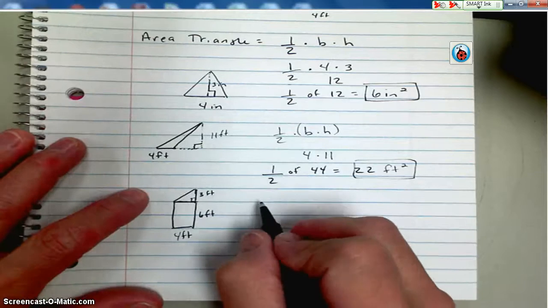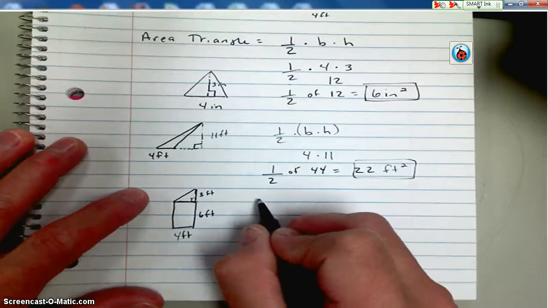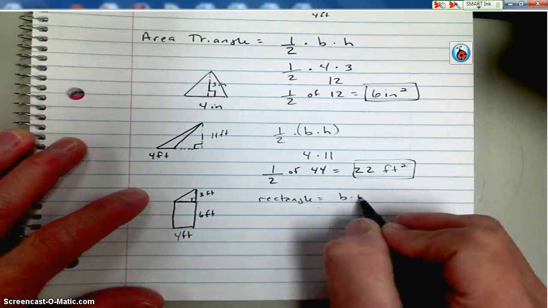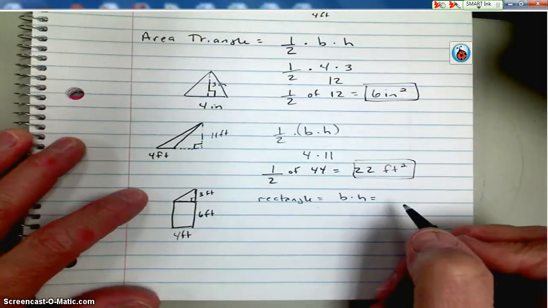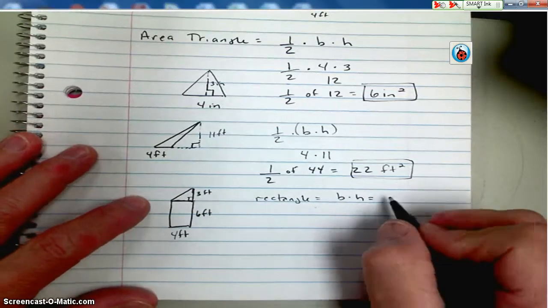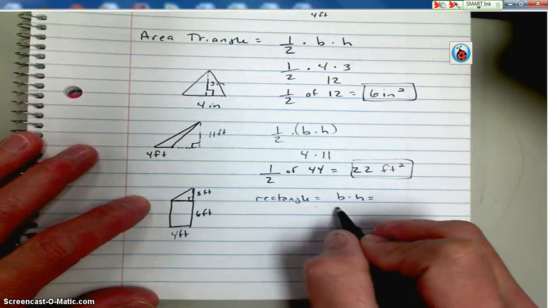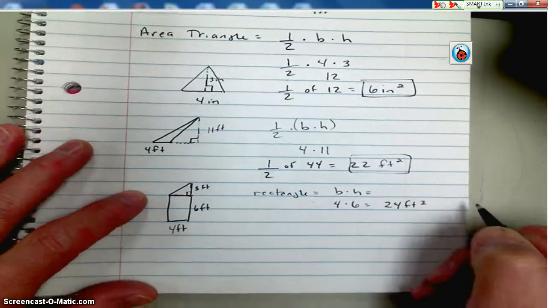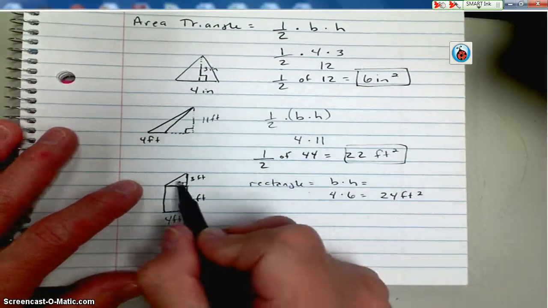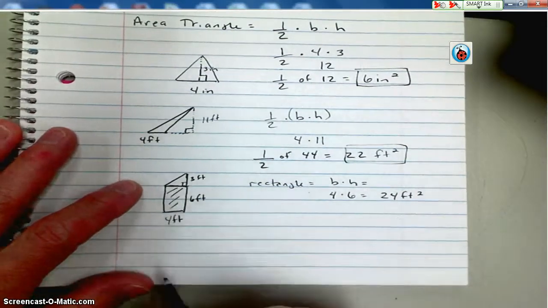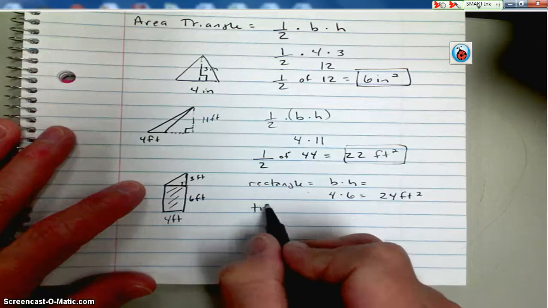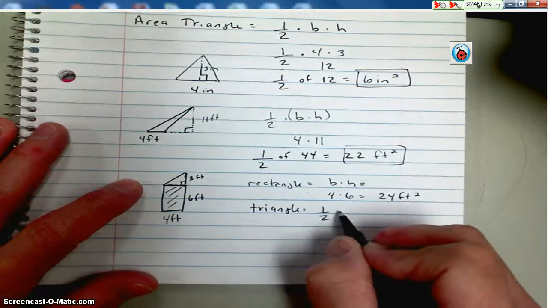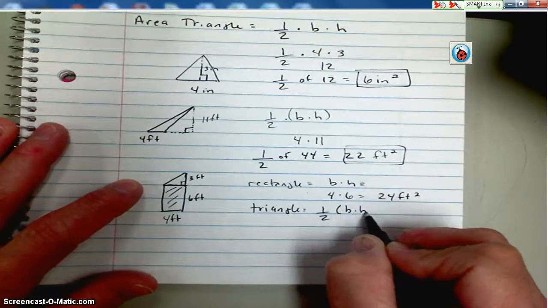So first of all, we're going to find the area of the rectangle, which is equal, of course, to base times height, or length times width, as we've done in the past. So we know that this is 4 times 6, which is equal to 24 feet squared. And then we're going to find the area of the triangle, which we know the formula is 1/2 of base times height.